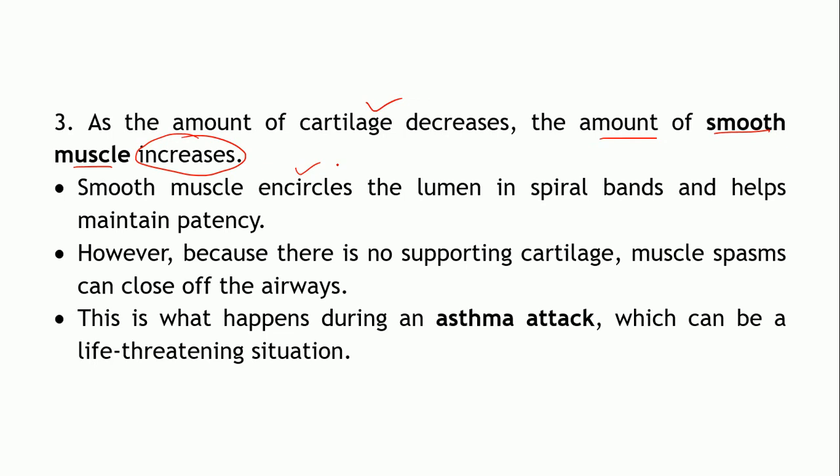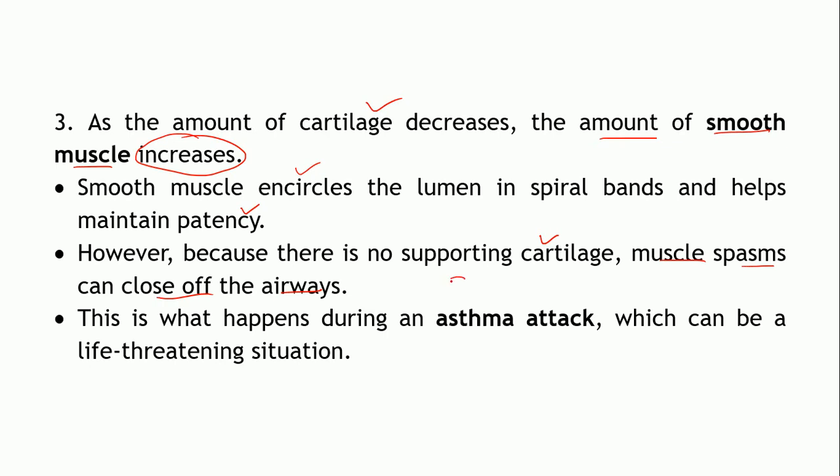They help in maintaining the patency, that is to keep it open to a certain extent. But as the cartilage disappears in the further branching, if these smooth muscles contract in a spasm, it will result in closing of the airways.